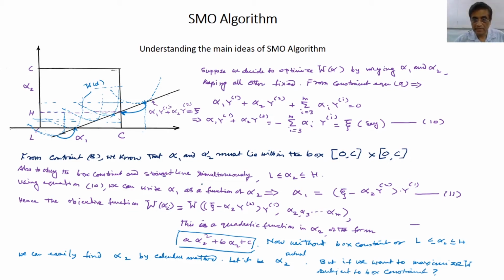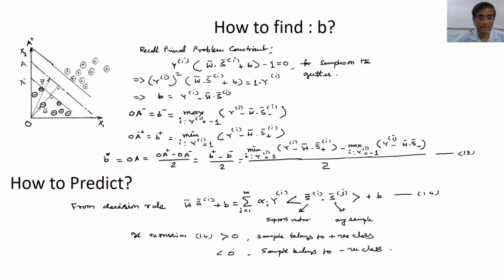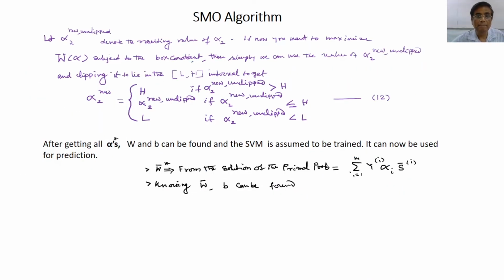Any question, you come to the discussion forum. Now let us see how whatever I told can be written in this form. Say alpha 2 new unclipped. You have alpha values here, new value here, unclipped. If you want to maximize W alpha subject to the box constraint, then you need to use the unclipped value like this.